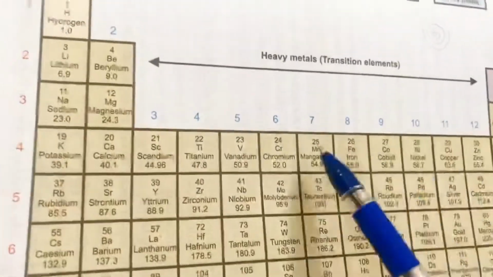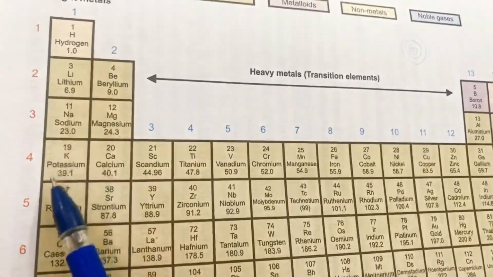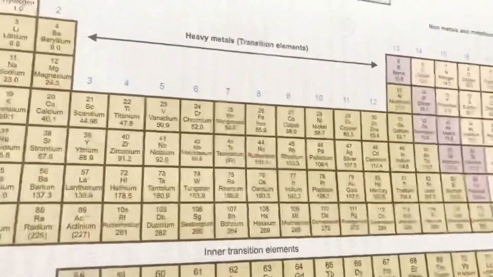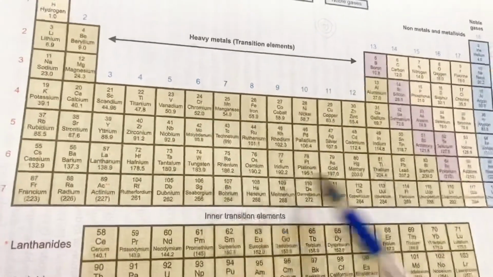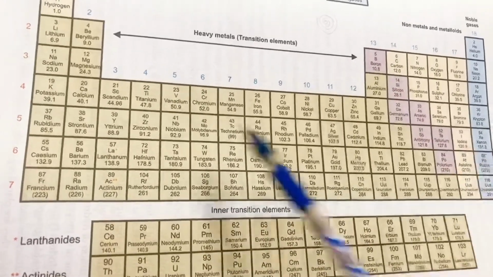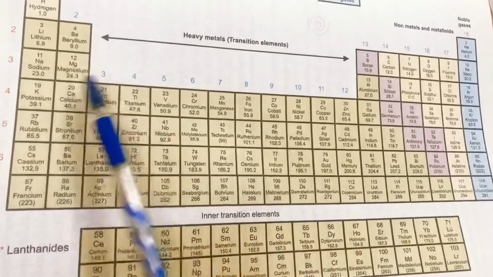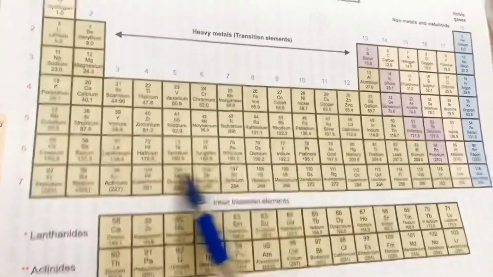So students, we have a total of 18 groups in the periodic table, and we have 7 periods: 1, 2, 3, 4, 5, 6, 7 periods.